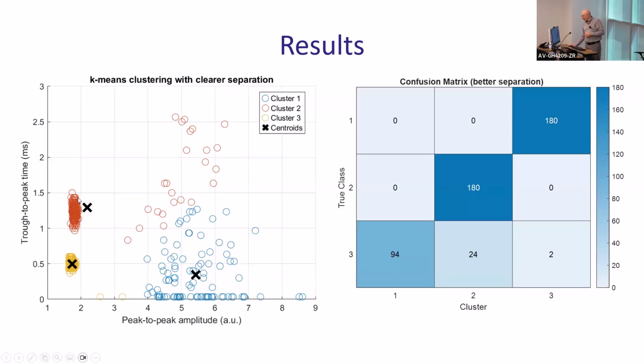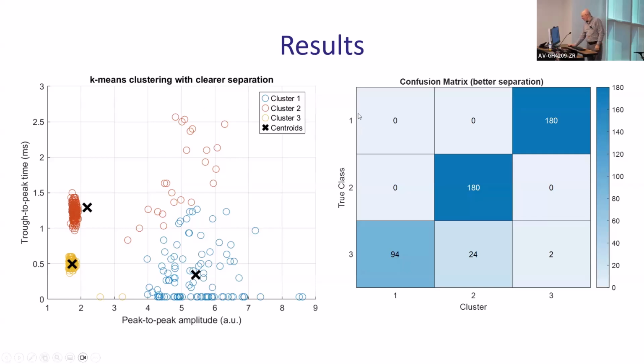Now, one of them has a bigger time between the trough and peak, and one has a shorter time. You know which one is narrower and which one is wider based on these clusters. But again, it's your interpretation of what you see in the clusters. All you will get from K-means is the location of the three centroids, and you will call them 1, 2, and 3.